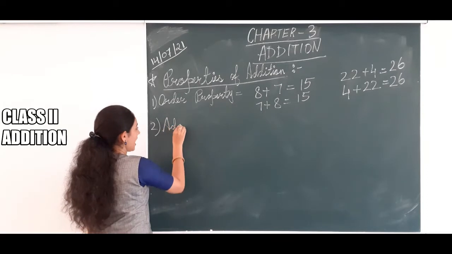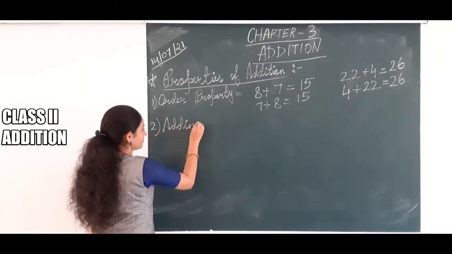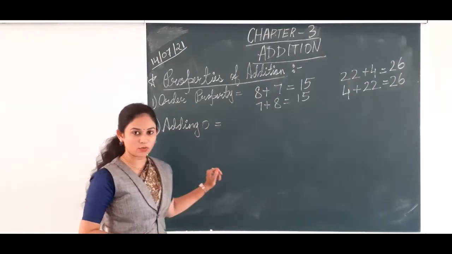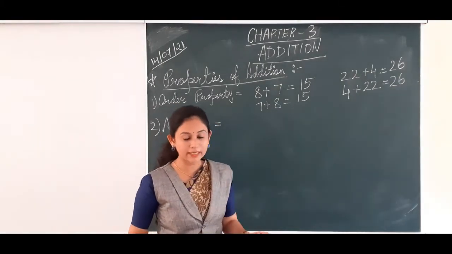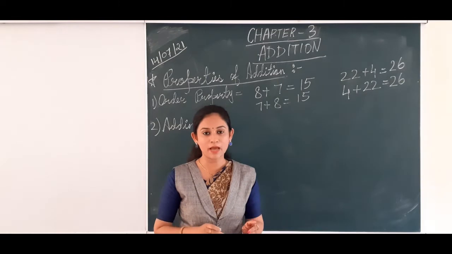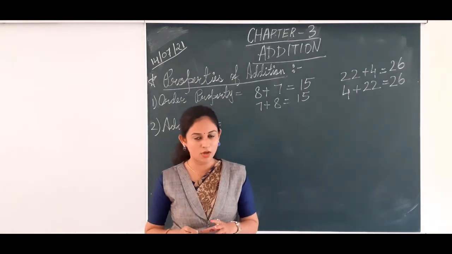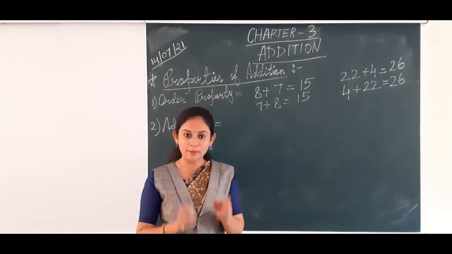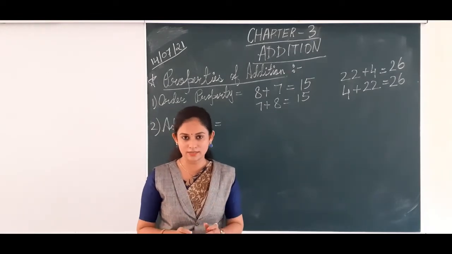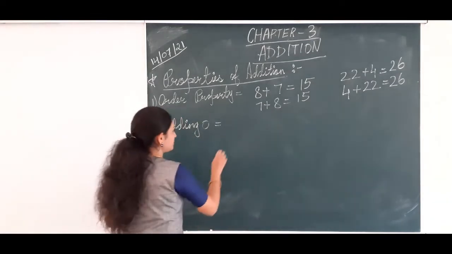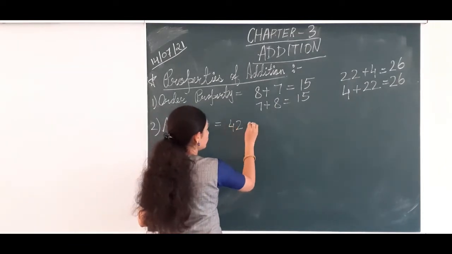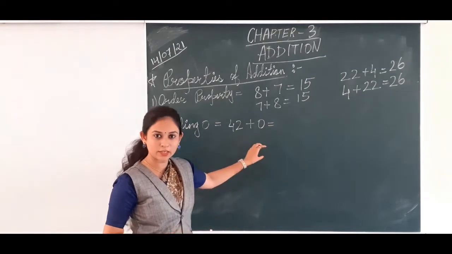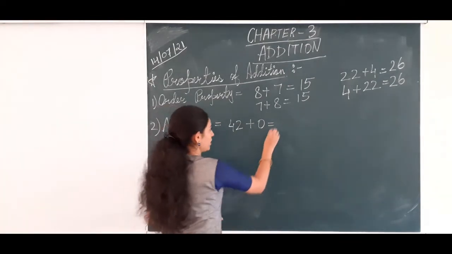Second one is adding 0. Adding 0 to any number gives the sum as the number itself. When we add any number with 0, we get that number itself as the answer. Like for example, 42 plus 0 is equal to 42.